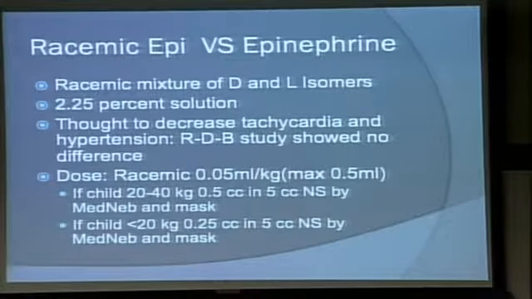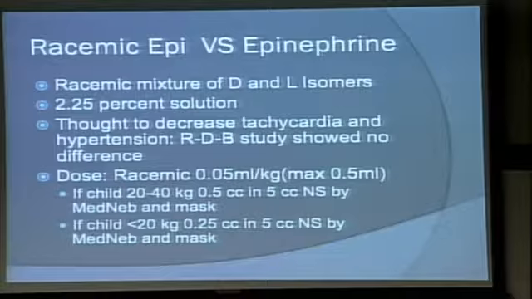So, what about racemic epinephrine? Now, the United States and Canada are the only places I know that have racemic epinephrine. They don't make it for use in other countries, to my knowledge. Maybe England. Racemic epinephrine is a mixture.